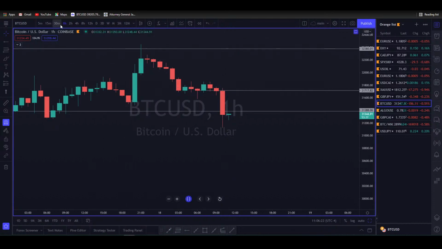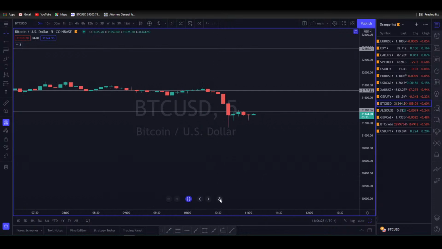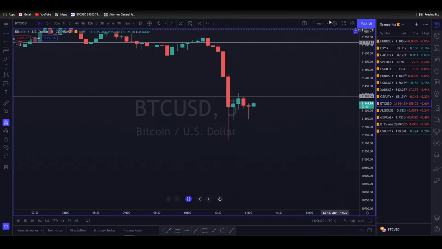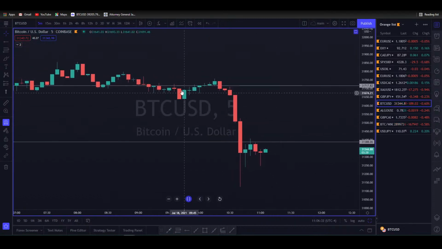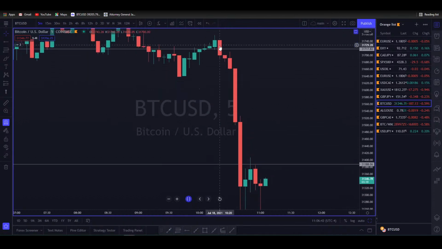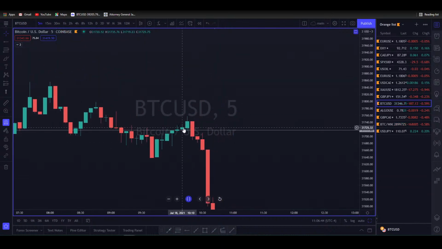So if we leave that there and go into a smaller time frame, which I do not do on crypto, I only look at the hourlies on crypto. You can see here's that level, that support. Boom, you traded back above it. However, very briefly, 15 minutes is what you got above that support.